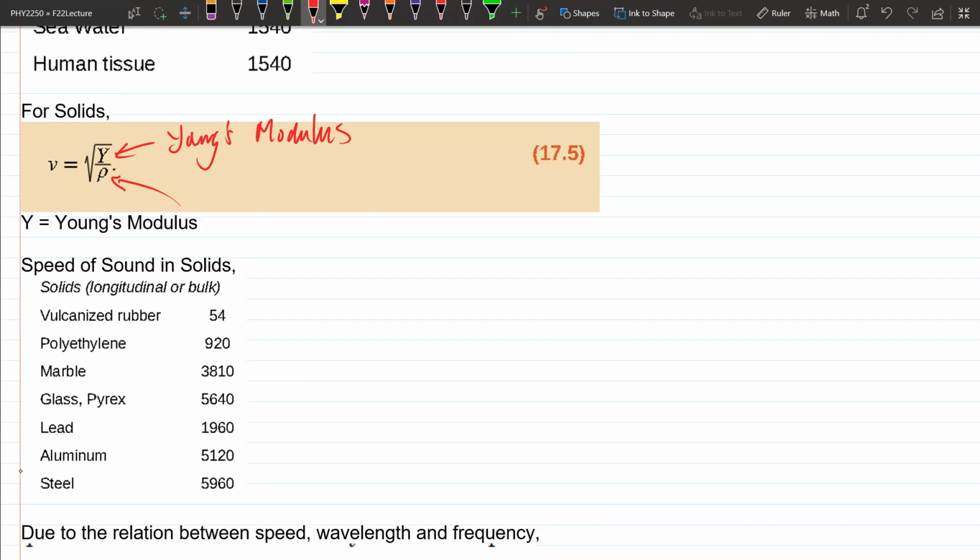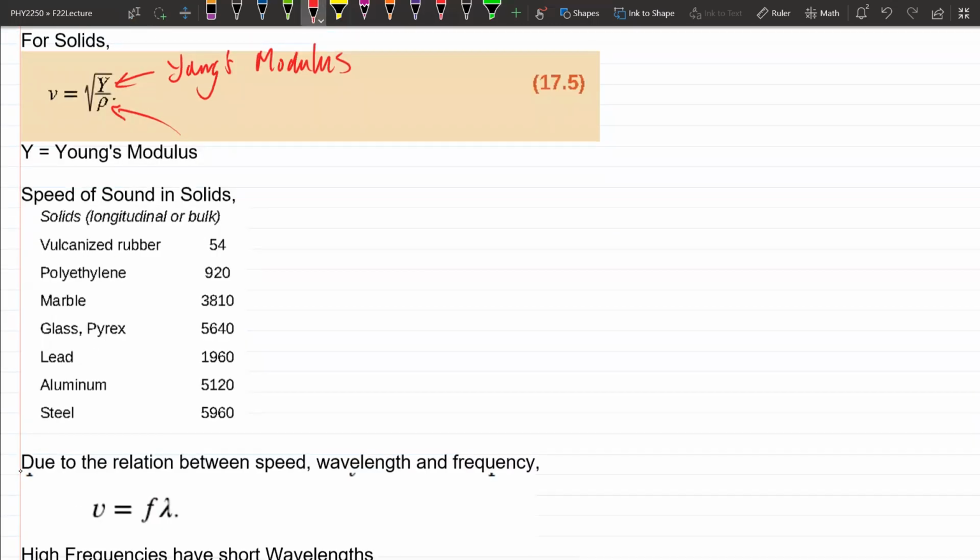As I mentioned, if you want to hear if the train is coming, the speed of sound in steel, which is mostly what train tracks are made of, is actually about 6,000 meters per second.